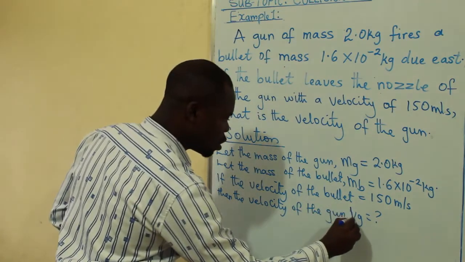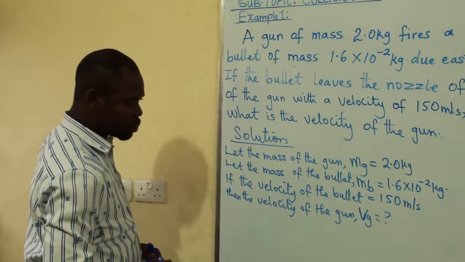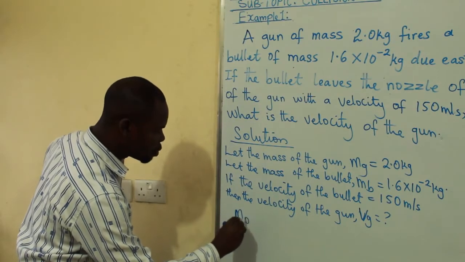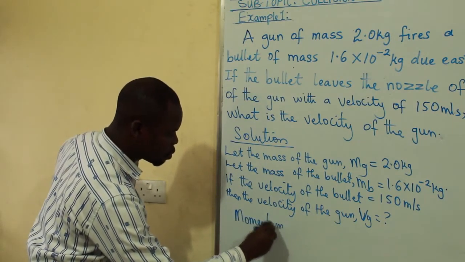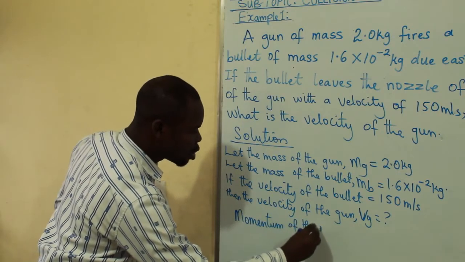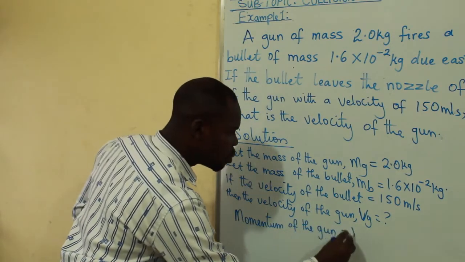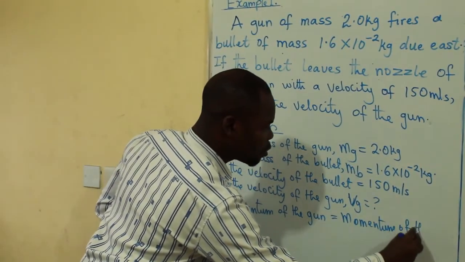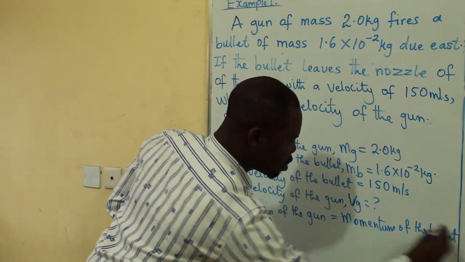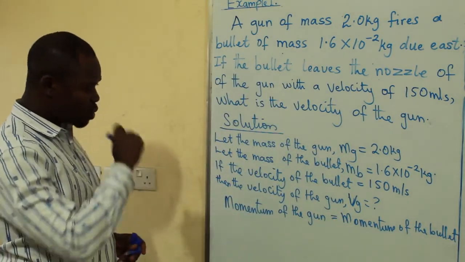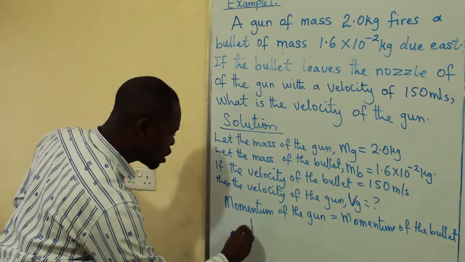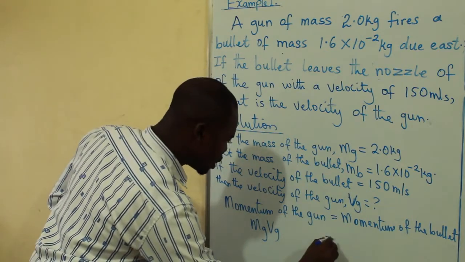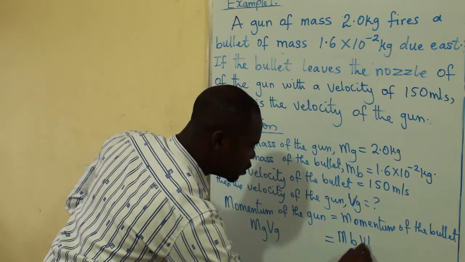From the law of conservation of momentum, momentum of the gun equals momentum of the bullet. So for the gun we have mg vg, and for the bullet we have mb vb.